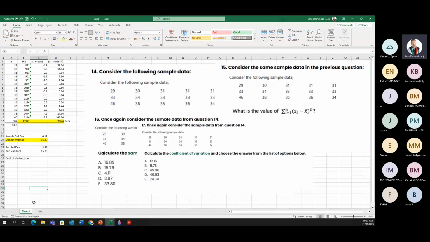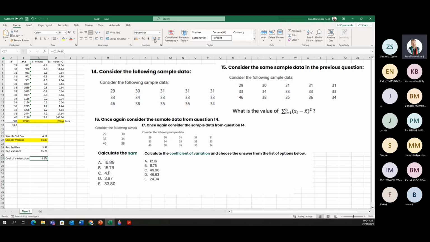Coefficient of variation is your standard deviation of your sample divided by your mean. You can see everything is in here, and you multiply it by 100, so you basically get the percentage.